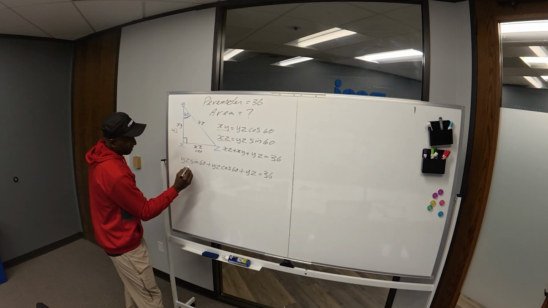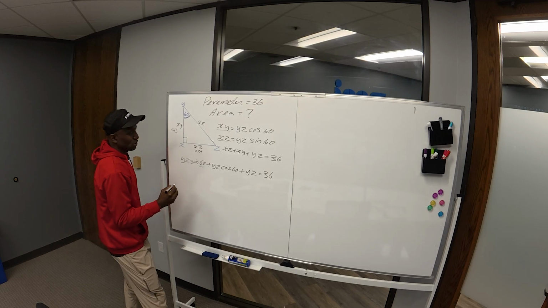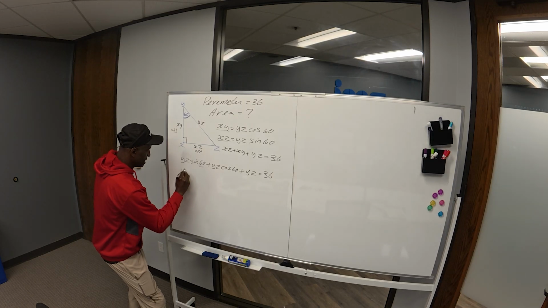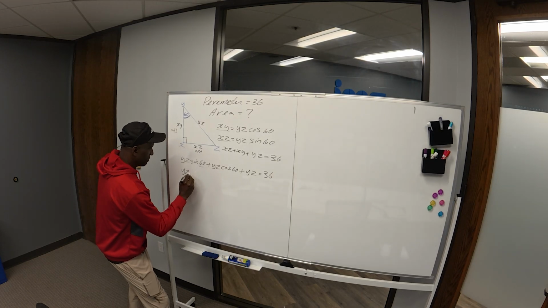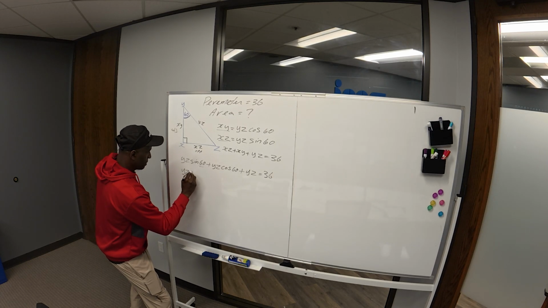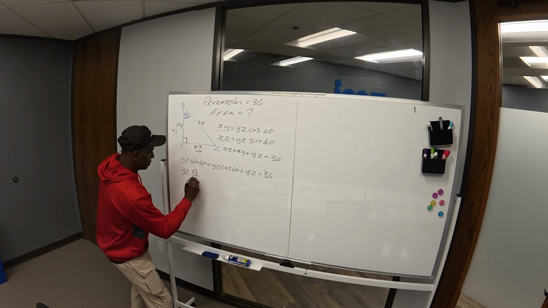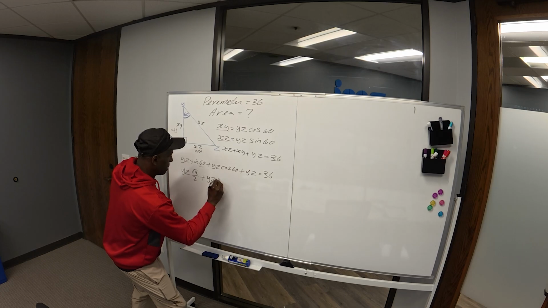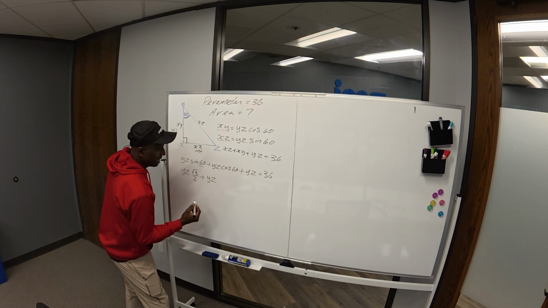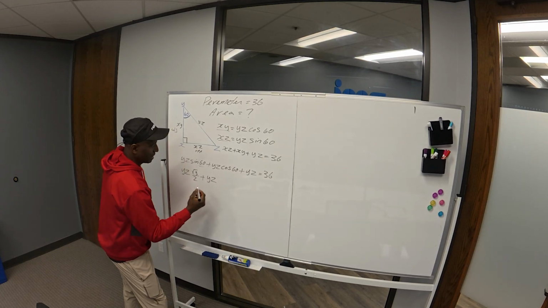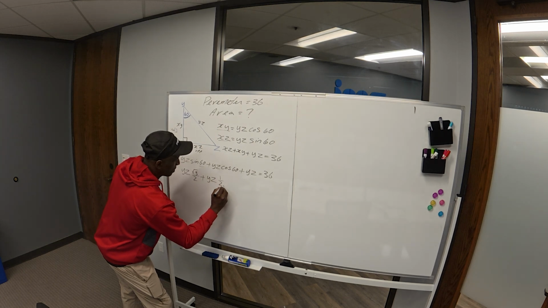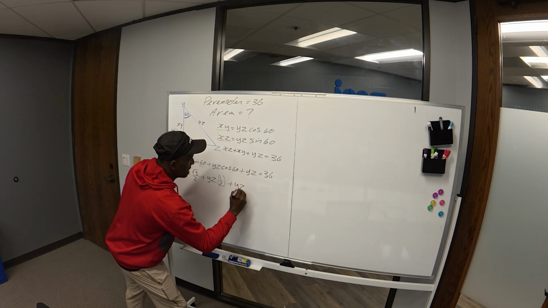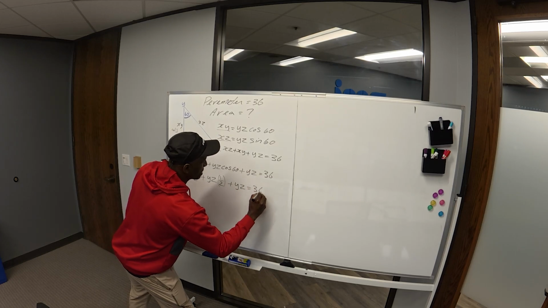We know that sine 60 is equal to the square root of 3 on 2. So therefore we have YZ square root of 3 on 2 plus YZ. And the cosine of 60 is the same as sine of 30, which gives you a half, plus YZ is equal to 36.